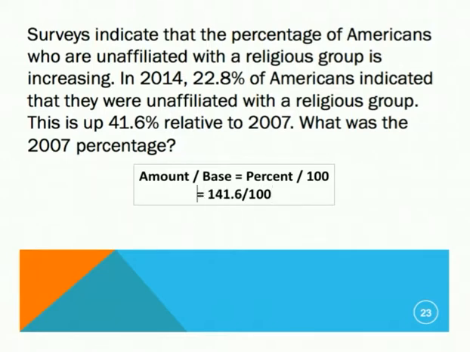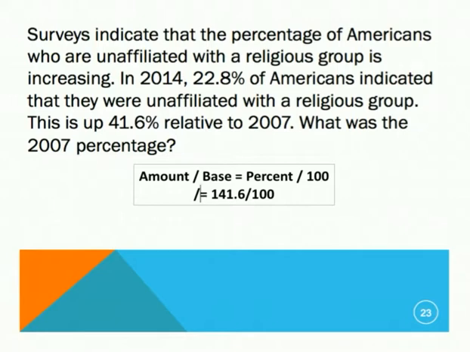Now I'll have to figure out how to fill in the left in just a second. But again, this is going to be one of those ones that's easier to see when you actually write it on paper. But you should have the 141.6 because you have that word up. So that indicates that you should be adding to 100. Now, if it were a decrease, you should do 100 minus to get your percent. So if you think about it, for our left-hand side, we're going to have a numerator and a denominator, and one of them is going to be our x.